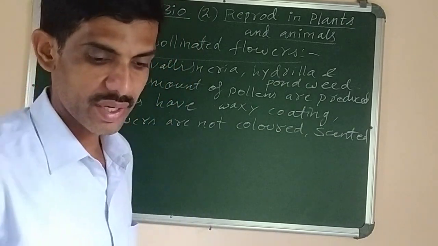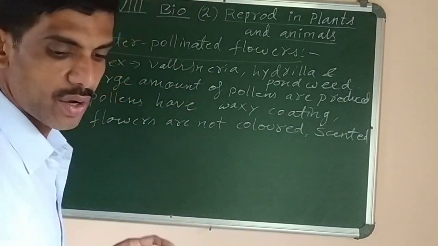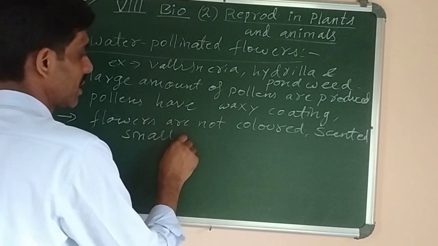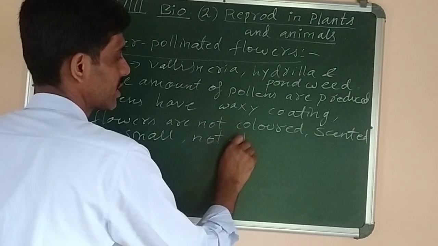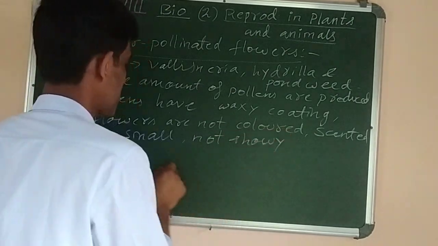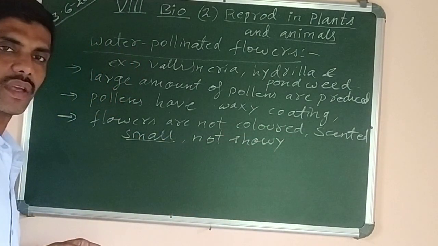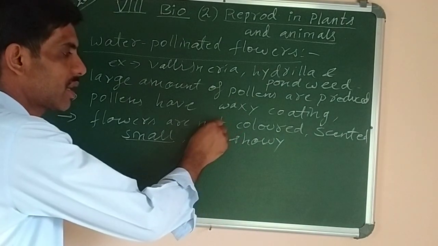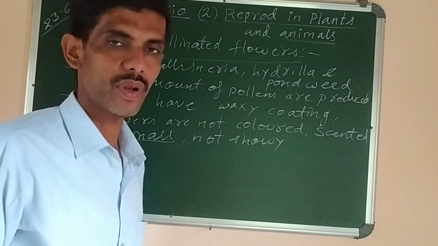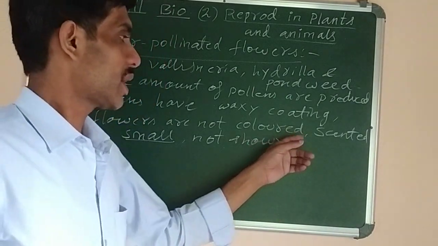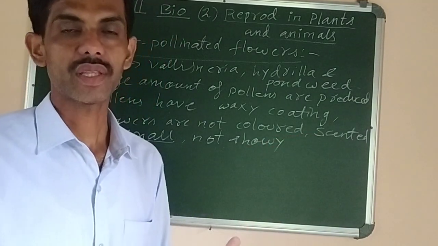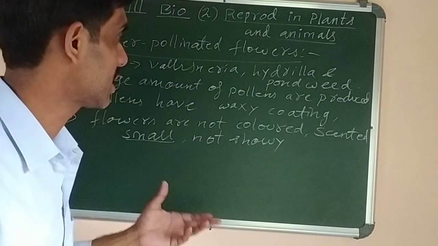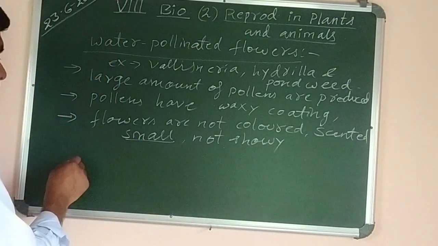So next one you can write, they are small and not showy. They are small in size, they are not showing all these characteristics. You can write here only, because they do not need any insects to attract towards them. That's why they are not showing. Some of them may be colorful, but they do not have any methods to attract the insects. They do not need the insect, because it is to be done with water, not with insect.